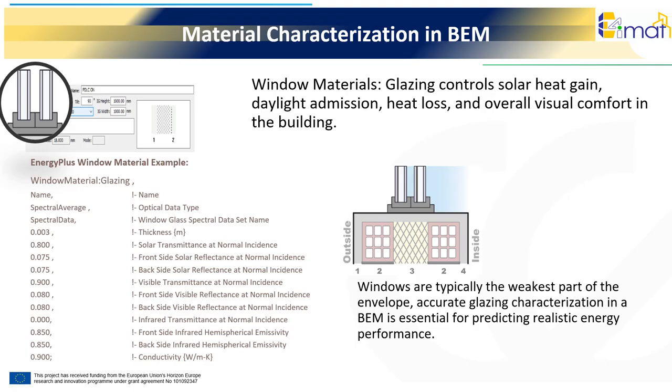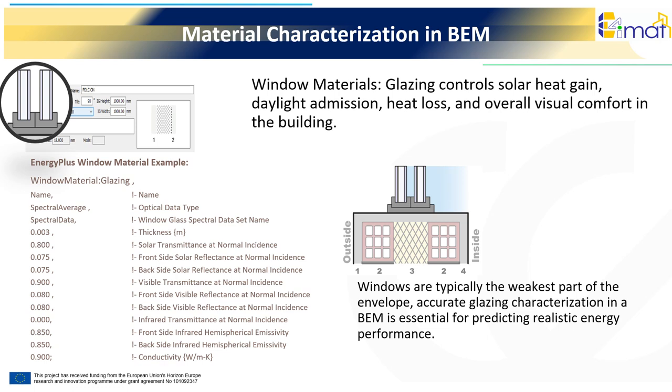Unlike conventional materials, which deal with opaque elements, glazing materials refer to transparent components installed in openings and windows of a building. It includes not only the glass itself, but also the technologies and coatings applied to it, such as low emissivity, low-E coatings, gas gaps, and multiple panes, that together influence the thermal and optical characteristics of the window construction.